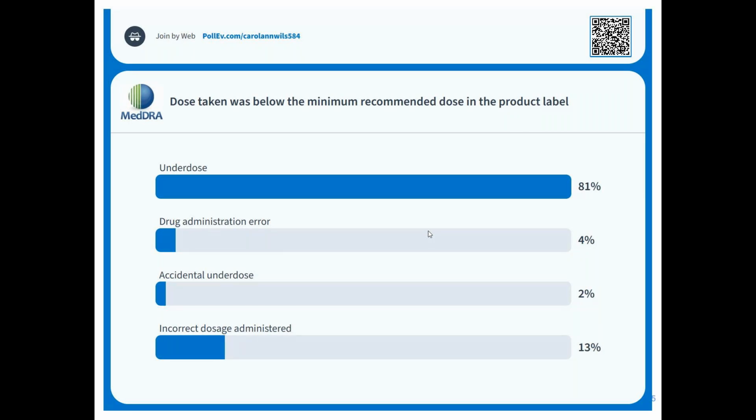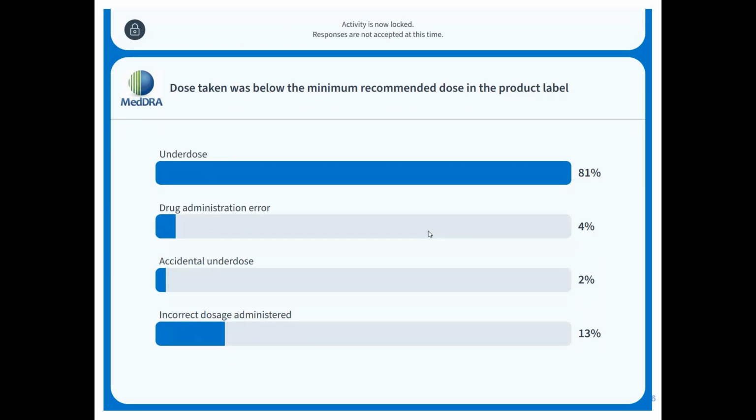So underdose is the correct answer here. So well done. Thank you. Most of you voted for underdose. So this is correct. And remember the concept description. It was: underdose is the administration of less than the minimum recommended dose in quantity and/or concentration. So this is exactly what has been reported here.